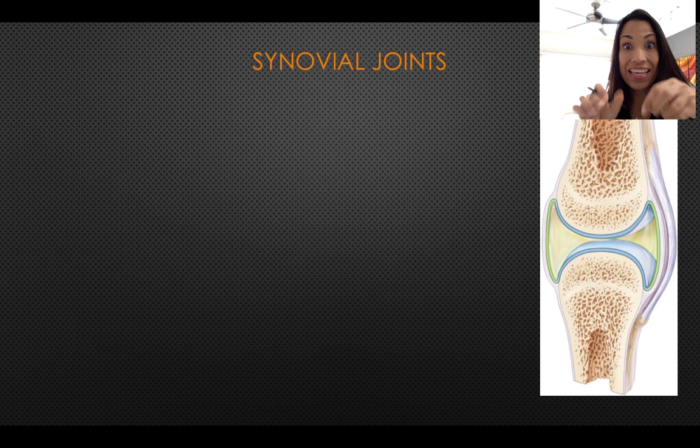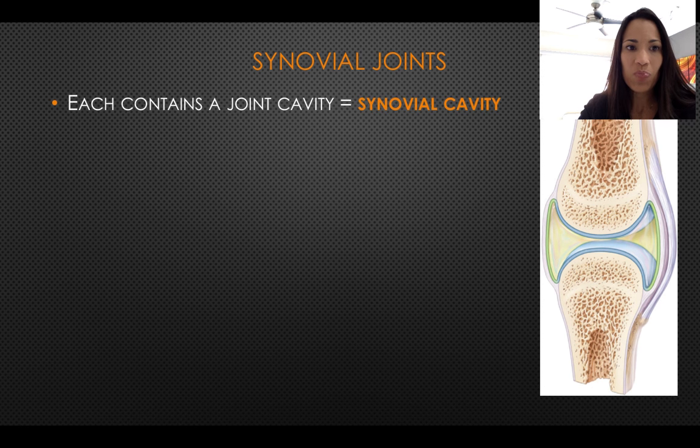And this one is the only type of joint that structurally has a cavity, a space in between the articulating bones. So each synovial joint contains a joint cavity, and that joint cavity, which is the space in here between bone 1 and bone 2, is the joint cavity or the synovial cavity.